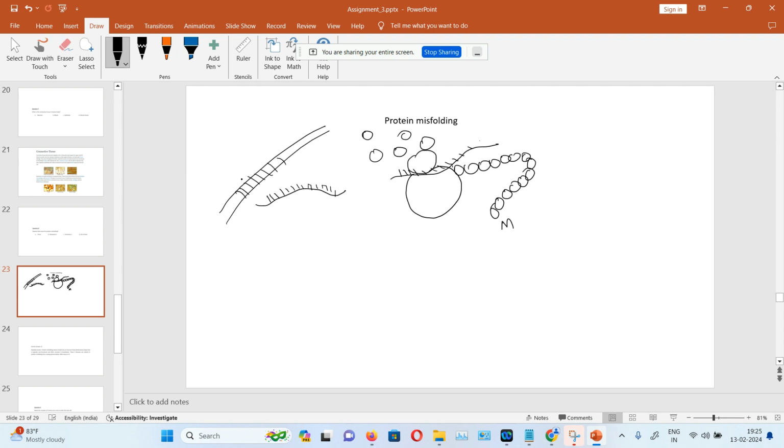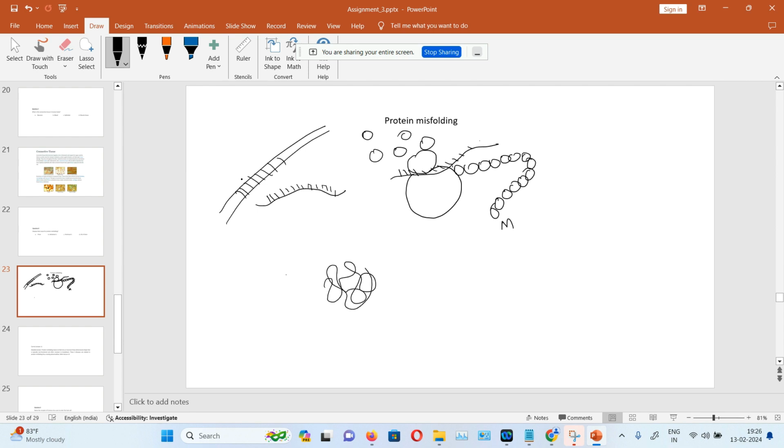We already said that a protein has different structures, and there are intramolecular interactions, ionic bonds and salt bridges, hydrogen bonds. Because of these bonds, the translated protein folds to form a particular structure.